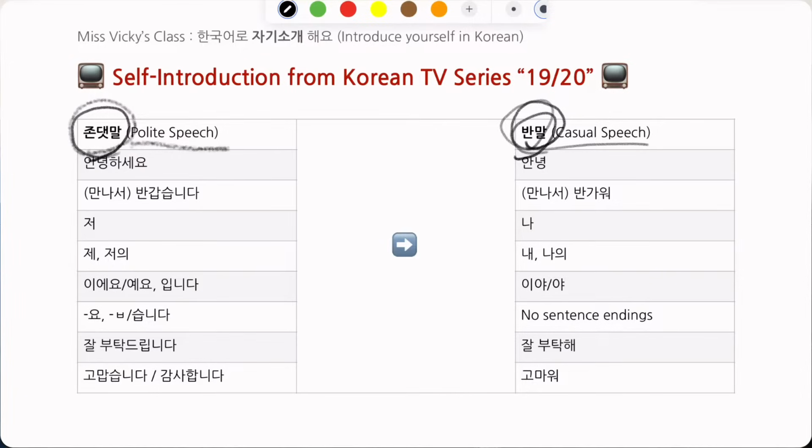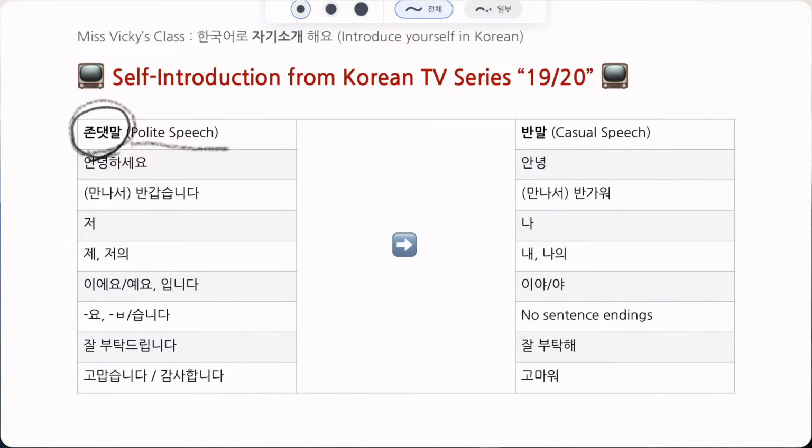And in Korean, like elementary, middle, and high school students, you know, in those schools, students of same age are usually in the same class, right? So even if they met for the first time, it's common to use 반말 because they already know that they're of same age and that they will be spending a lot of time together as classmates.